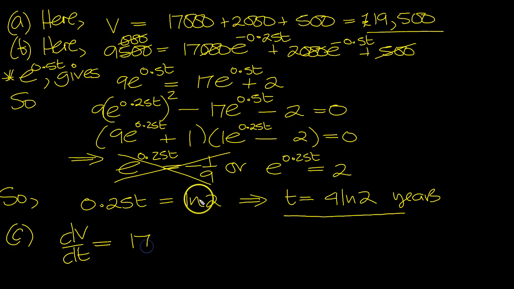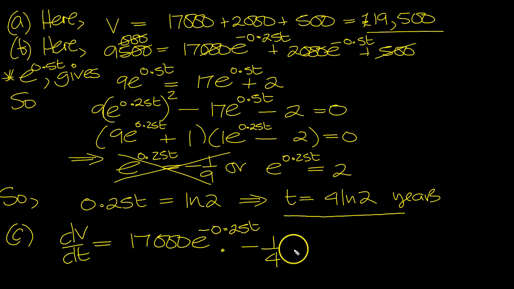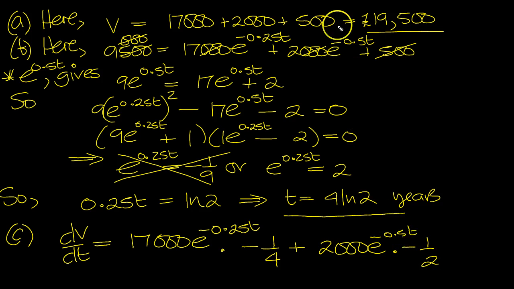So 17,000 e to the something differentiates to e to the something, multiplied by the something differentiated, which is minus 1/4, because the 0.25 with the minus is minus 1/4, plus 2,000 lots of e to the something differentiates to e to the something, minus 0.5t, multiplied by the minus 1/2 here, something differentiated, and then the constant here goes to 0.